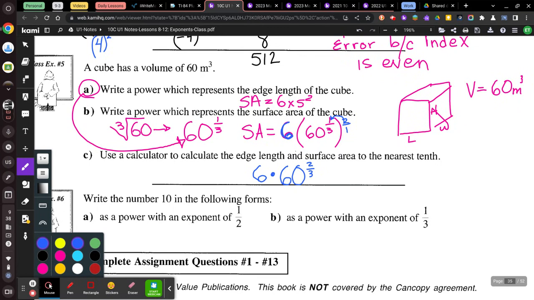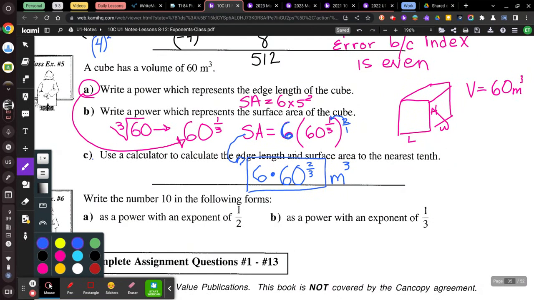And again, it's exponents. So it says now use the calculator. So this is your power. That's what you would write for surface area. And that would be in meters cubed. If it wants you to solve it, letter C says solve it.